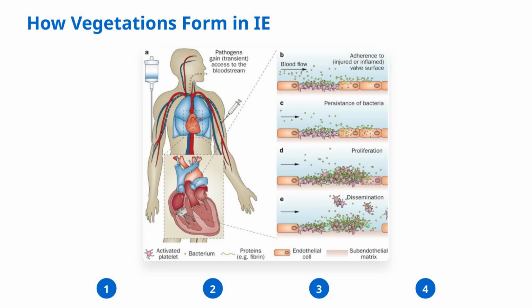In step 3, transient bacteremia, which can occur during routine activities like dental procedures or even brushing teeth, allows circulating microbes to adhere to this platelet fibrin nidus. Finally, in step 4, bacteria proliferate within this protected environment, forming a mature vegetation where microbes establish colonies that evade host immune responses and antibiotics. Understanding this pathophysiology helps explain why certain anatomic and hemodynamic factors increase endocarditis risk.